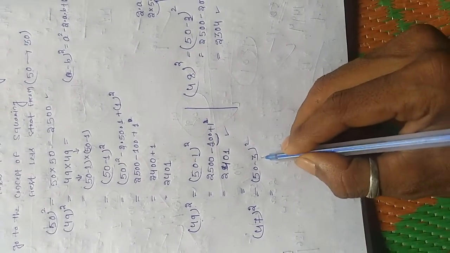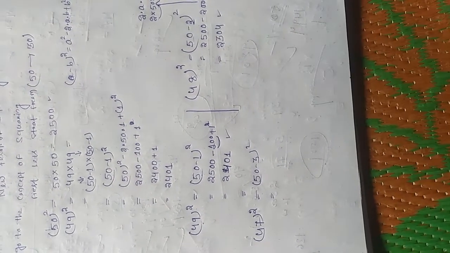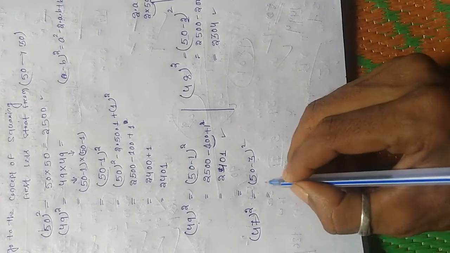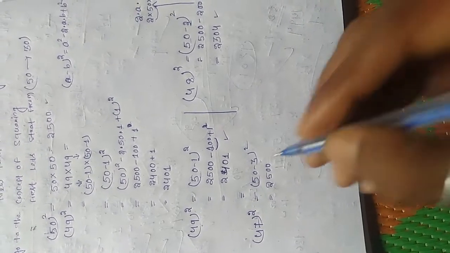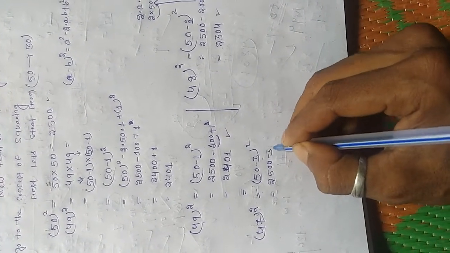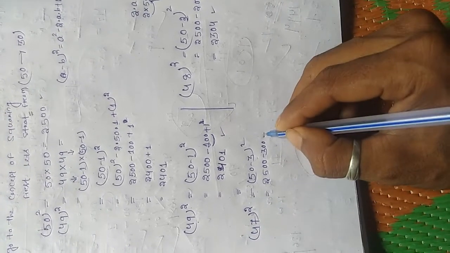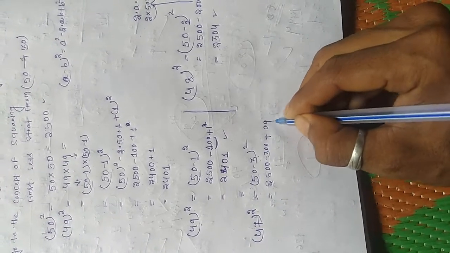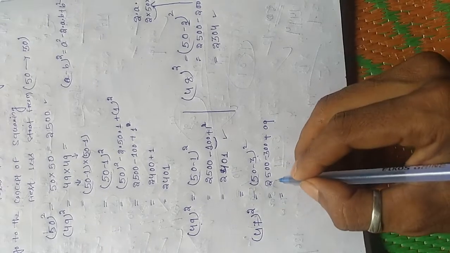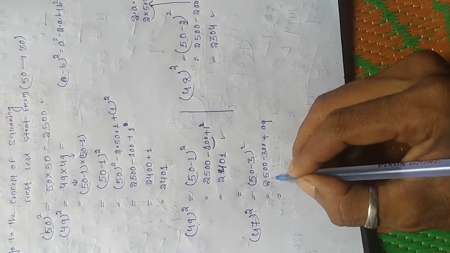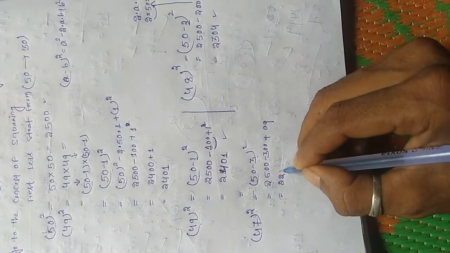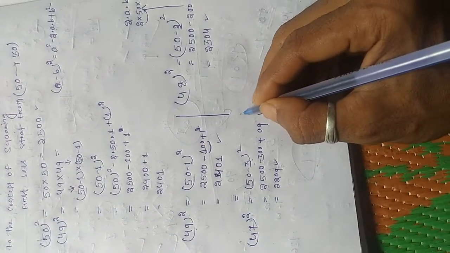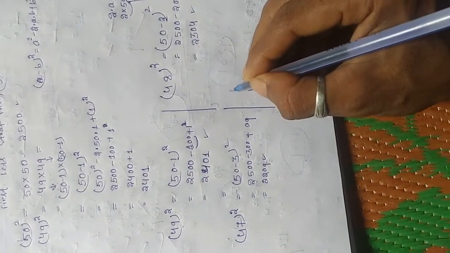Here is 3, then 300 will be minus. 2500 minus 300 is 2200, plus 3 square is 09. So 2209. Very quickly.